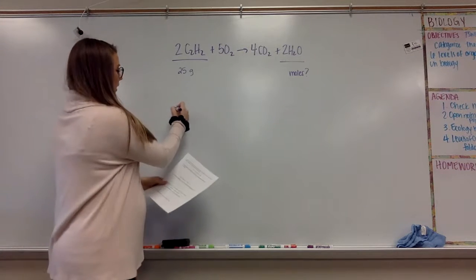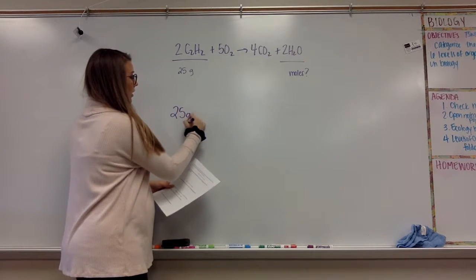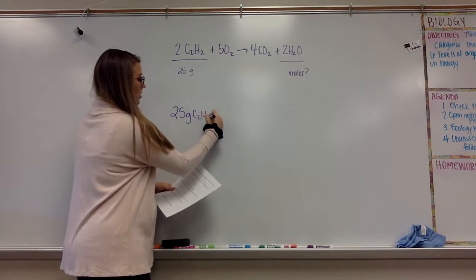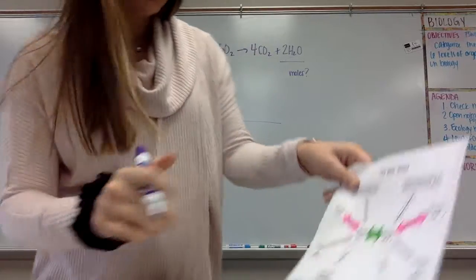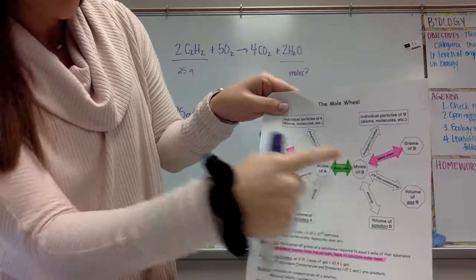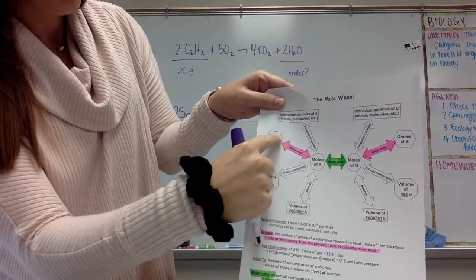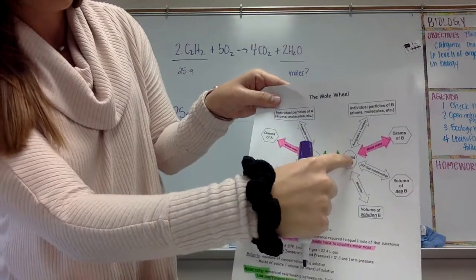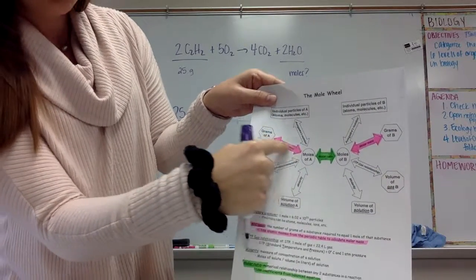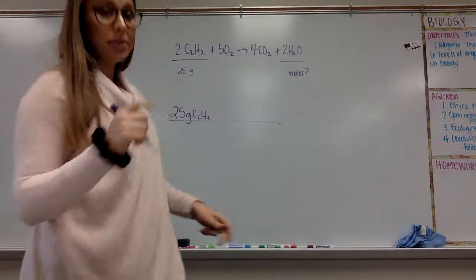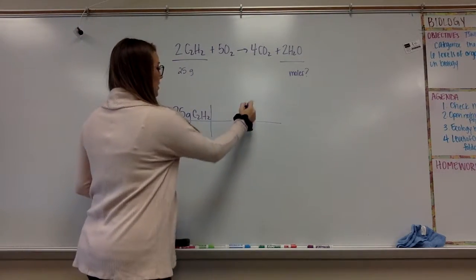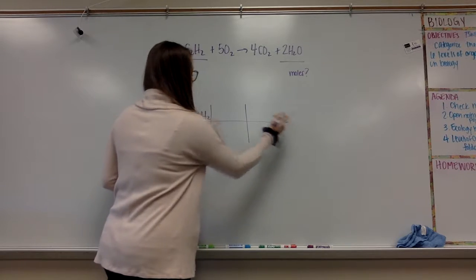So I'm going to start with what it gives me, which is 25 grams of C2H2. And I know on my mole wheel, I'm going from grams of A to moles of B here. Grams of A, moles B. So I'm going to start with my molar mass in the first step, and then I'm going to end with my mole ratio in the second step. So again, I know this is a two-step problem. Okay?